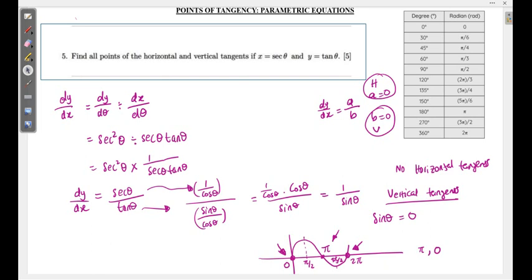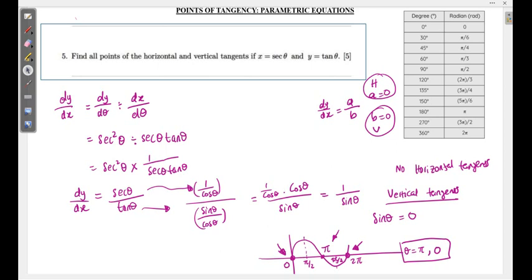So when theta is equal to one of these, our denominator is going to be 0. You can put sine pi into your calculator, it should give you 0, and sine 0 should give you 0.